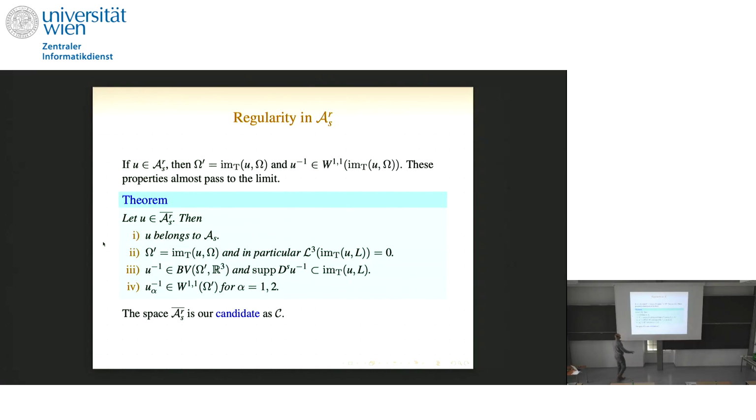Now, what is really nice is the fact that the two components that are perpendicular to the axis are regular. This is not so strange. Why? Because I told you that the nasty stuff comes from the axis.